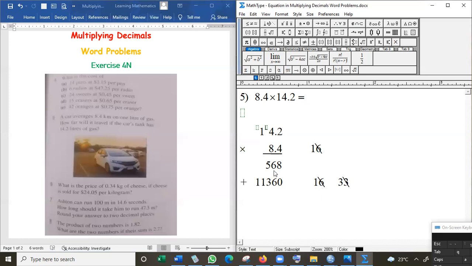That 6 will come under that 6, and carry the 1 up. And then 8 fours are 32, plus 1 will give us 33. Bring down the 3 under the 5 and bring the other 3 up there. 8 ones are 8, and 3 will give us 11.